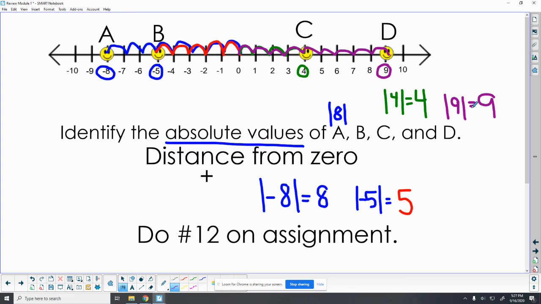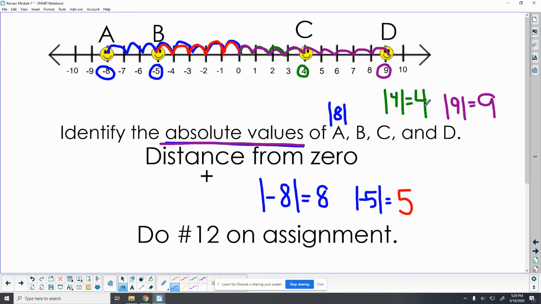So if I were comparing just the actual values of these numbers, negative 8 would be smallest, negative 5, then 4, then 9. This might change though if I compare the absolute values. So if I take the absolute value of negative 8, I know that equals 8, which turns out a lot bigger than some of the other numbers here.